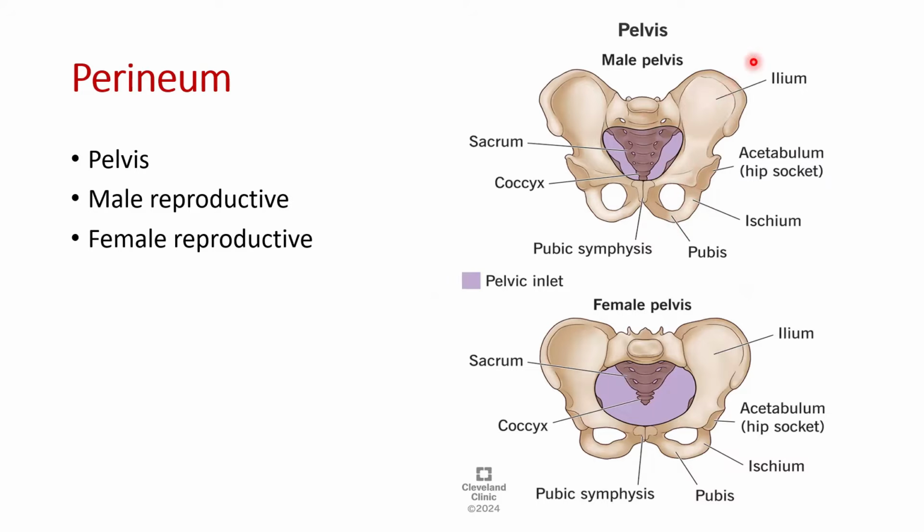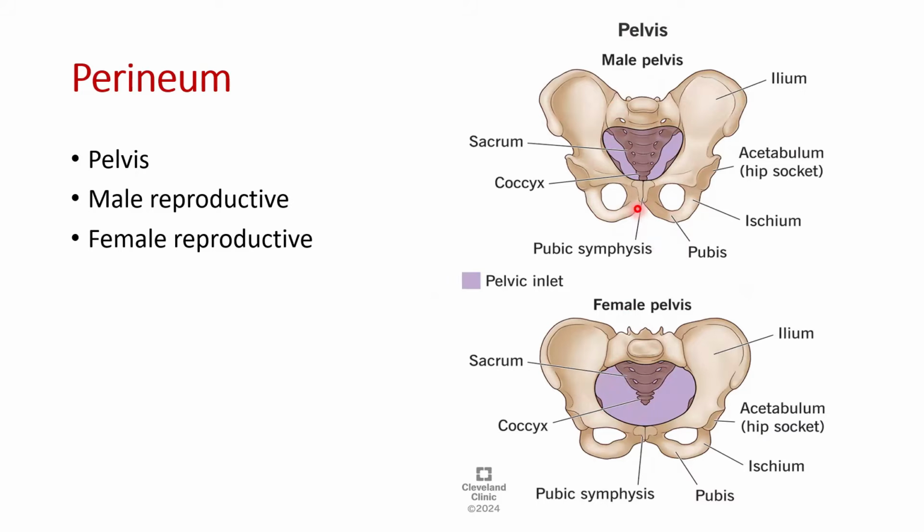So the three, ilium, ischium, and pubis, usually form the hip bone. And then two hip bones join together with the sacrum to give us a pelvis. So you have a pelvic inlet, which is here, and then on the lower side, you usually have the pelvic outlet.